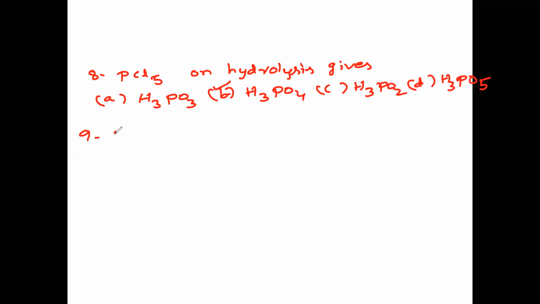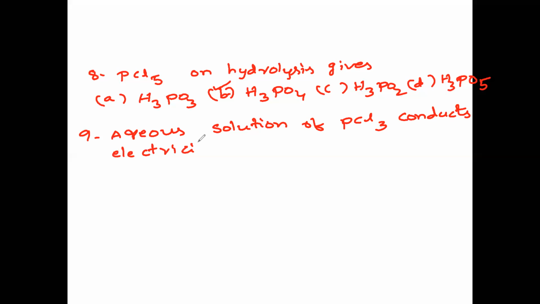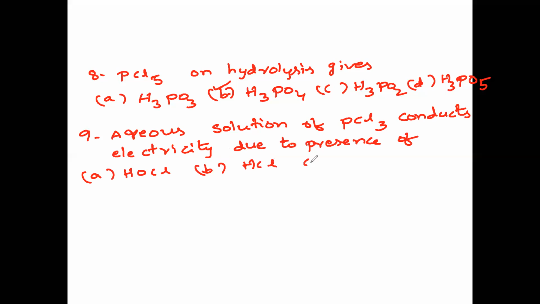Aqueous solution of PCl3, phosphorus trichloride, conducts electricity due to the presence of option A HOCl, option B HCl, option C H3PO4, and option D H2O.